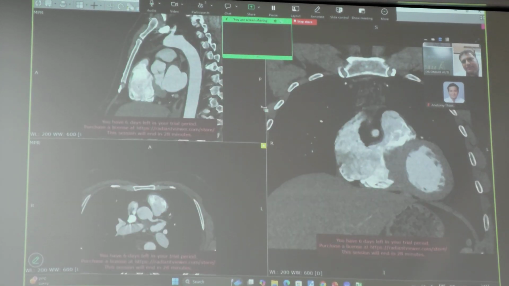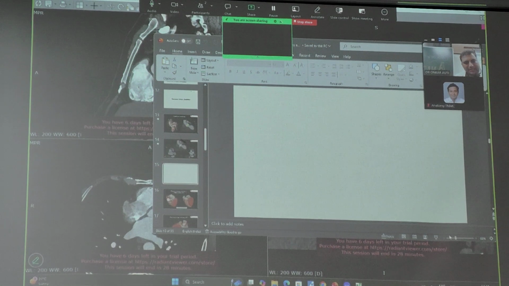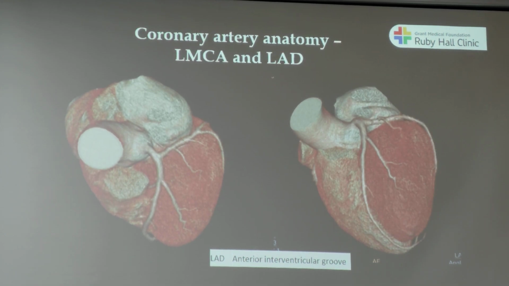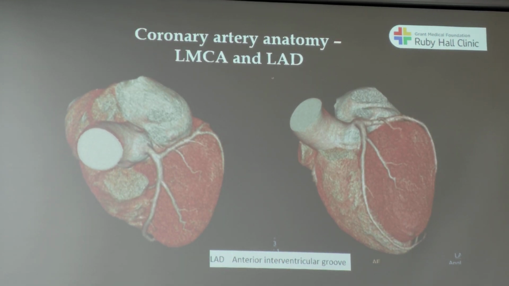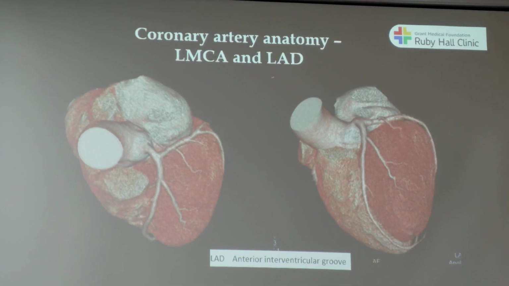So again, these coronary arteries you can see in multiple planes. You can turn around and you can see the entire thing. So if I want to show you the entire course of it. Okay, so these are the 3D reconstructions of the same patient, where this is the left main coronary artery, which divides into the LAD, which goes into the anterior interventricular groove, and the LCX or circumflex, which goes into the left atrioventricular groove.